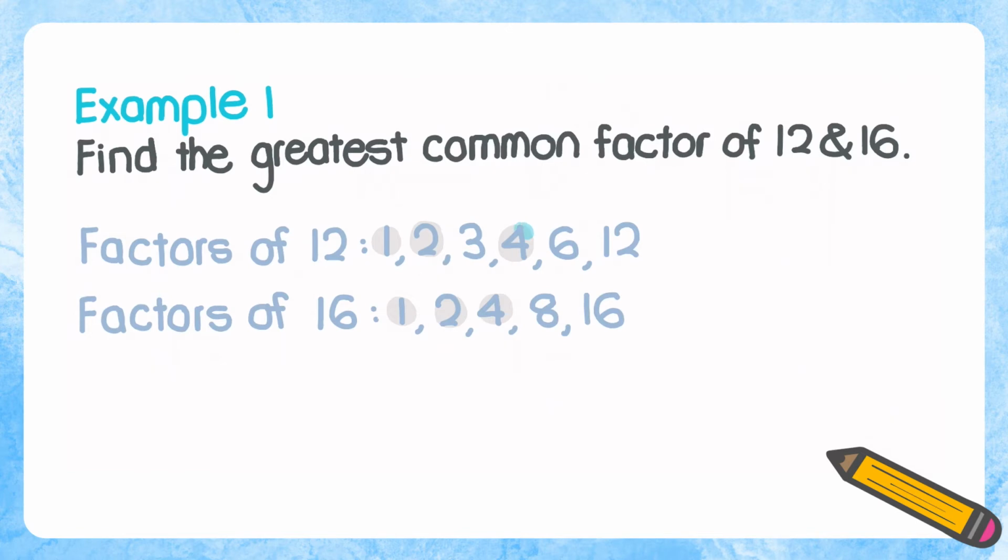So our greatest common factor, or the GCF, is 4. To find the greatest common factor of two or more numbers, we first write out the factors of each number, find any common factors, and then choose the largest or the greatest common factor.